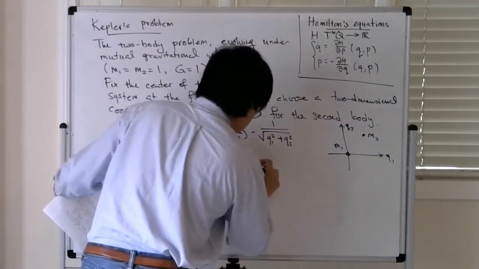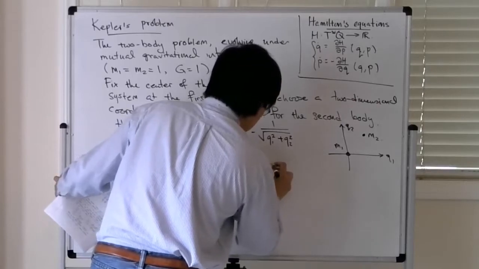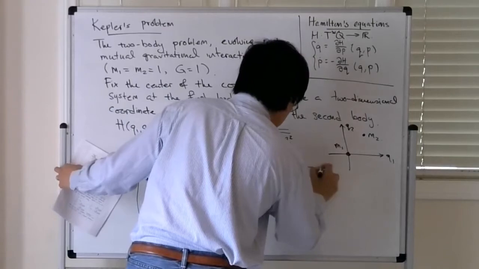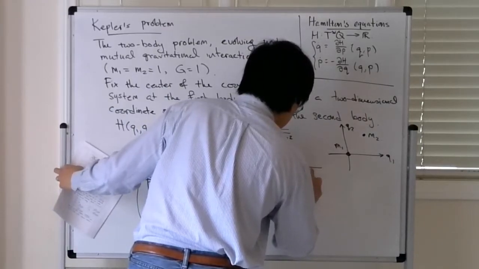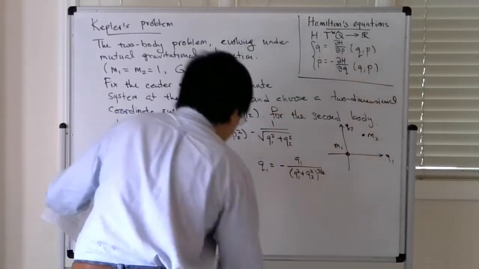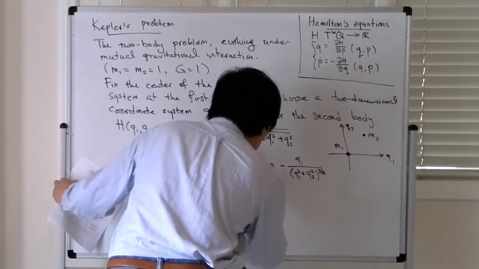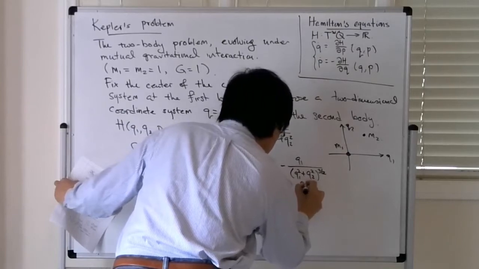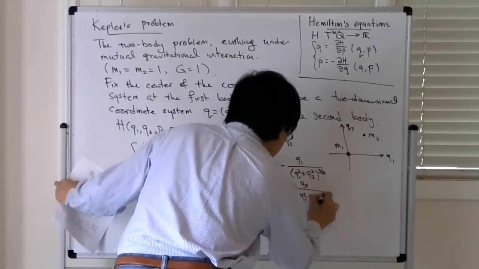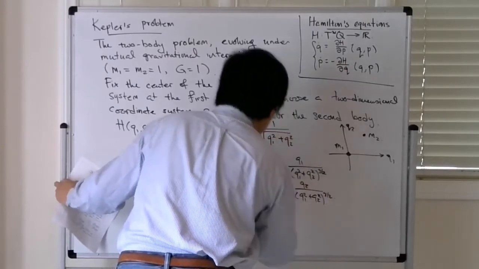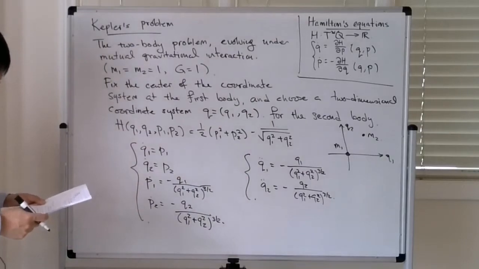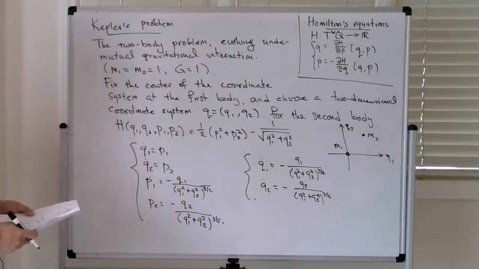Okay, so you could write this as Q1 double dot is equal to minus Q1 over (Q1 squared plus Q2 squared) to the 3 over 2 power, and then Q2 double dot is equal to minus Q2 over (Q1 squared plus Q2 squared) to the 3 over 2 power. Okay, so you can write this in the following way as well.